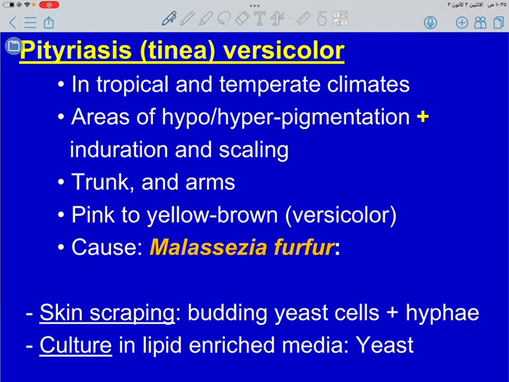Now, if you don't detect them, you can do culture in lipid enriched medium, which is for yeasts. Culture we can do. If KOH is negative, we do what? We do culture.